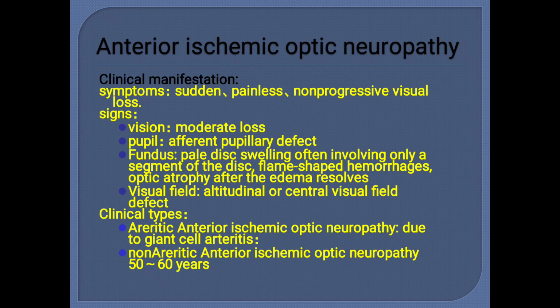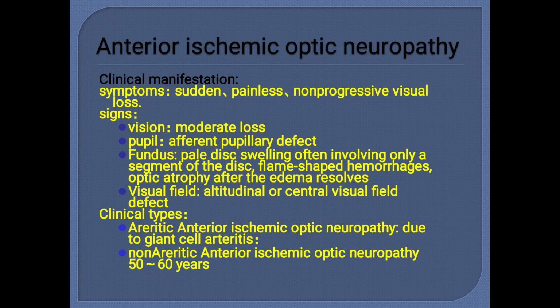There is a pale disc swelling often involving a segment of the disc, and there may be flame shaped hemorrhages, and after this AION regresses, there is optic atrophy, and an altitudinal field defect that is very characteristic of AION.